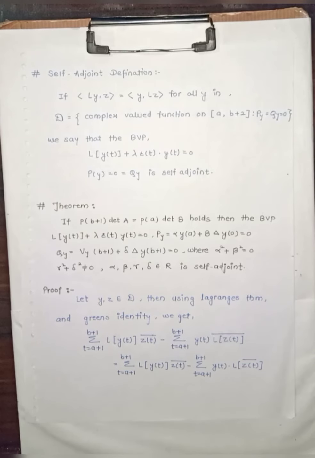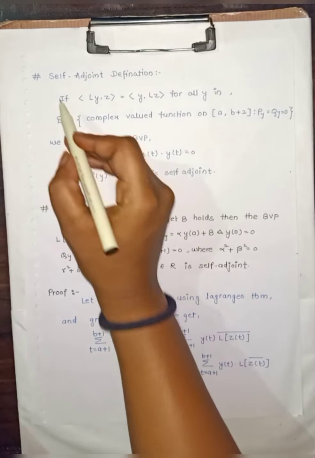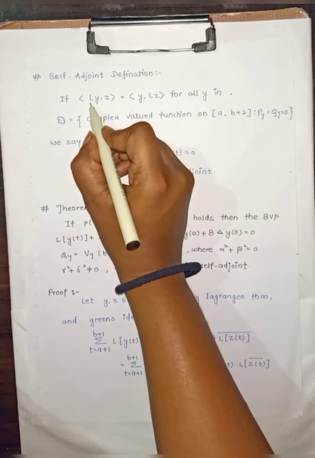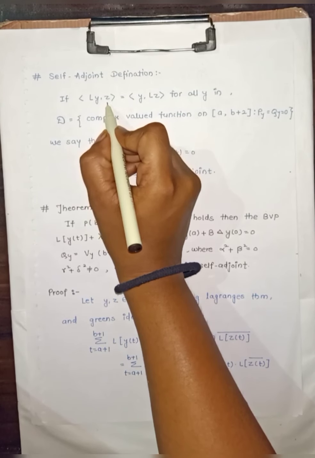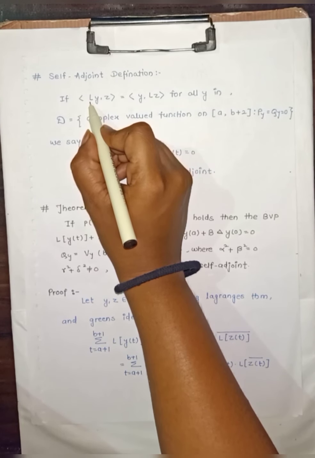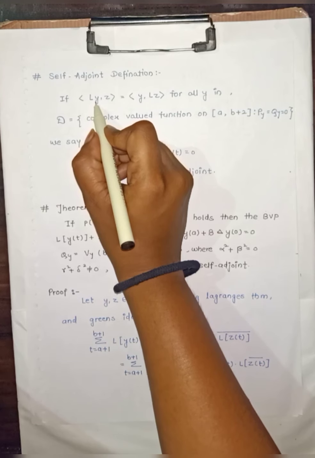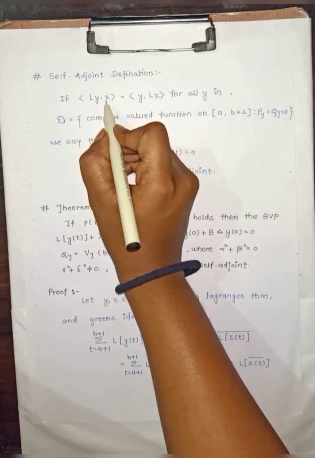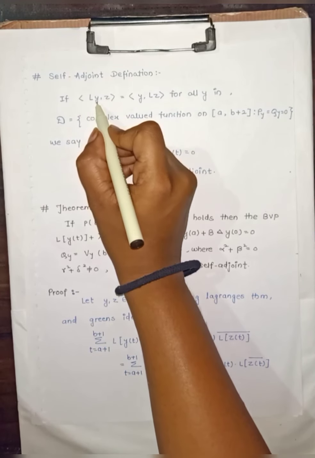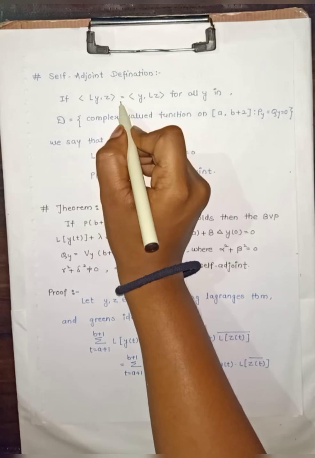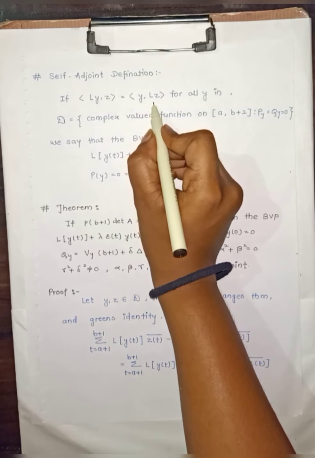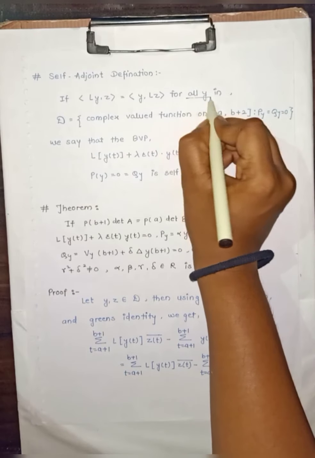So the definition is, if inner product of L y and z, this is the linear operator L operating on y and z, so inner product of L y and z equals inner product of y and L z for all y.